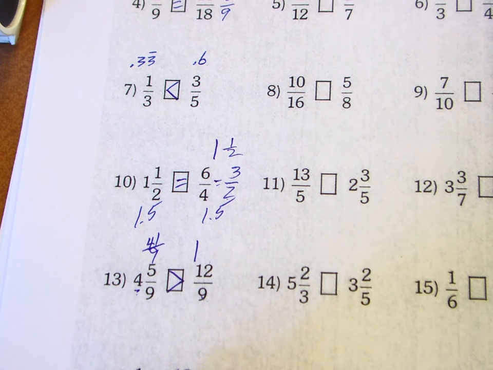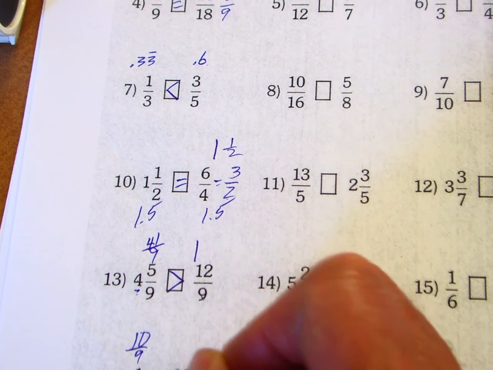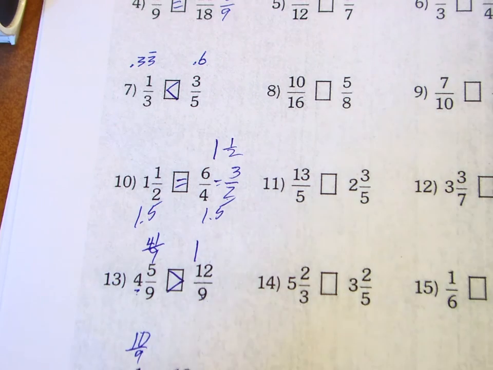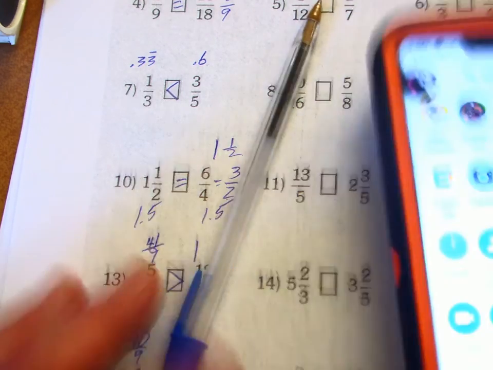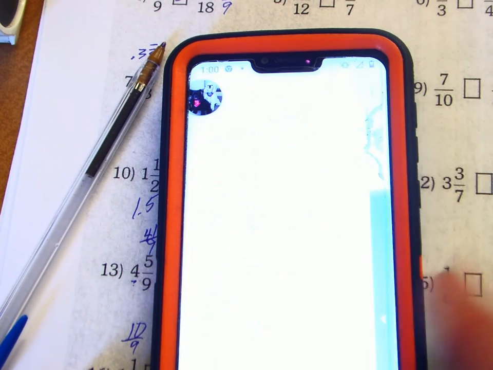This one's got a 1. 8 into 19 goes how many times? 2. So this one's going to be bigger. Or you could do this. 9 times 1 is 9 pieces, and 1 is 10. This is the same as 10/9. 10/9, 19/8. These are eighths, so they're hard to compare. Okay, we got 19/8 and 10/9. We're going to look at it this way with our calculator again.